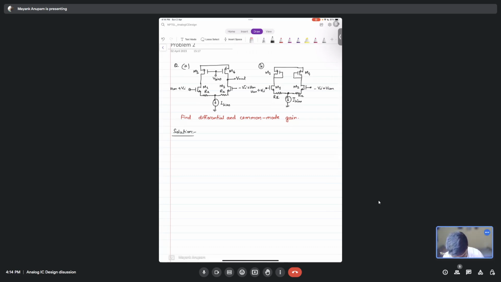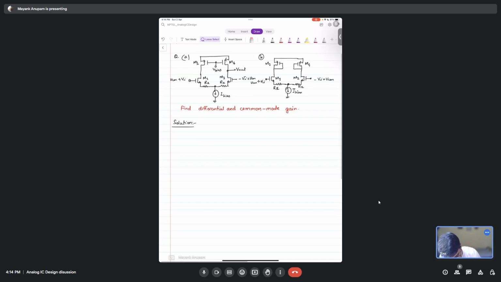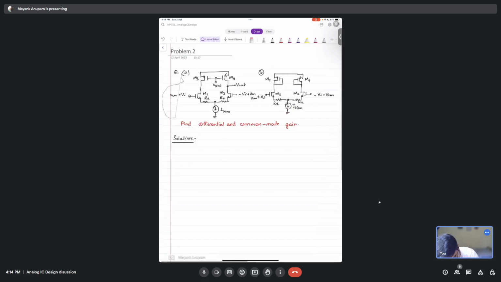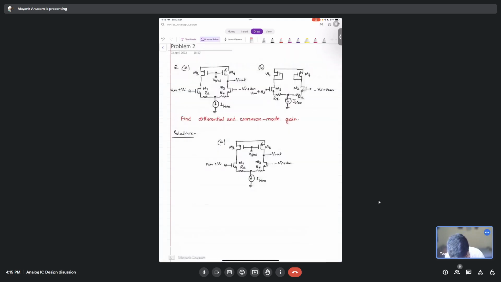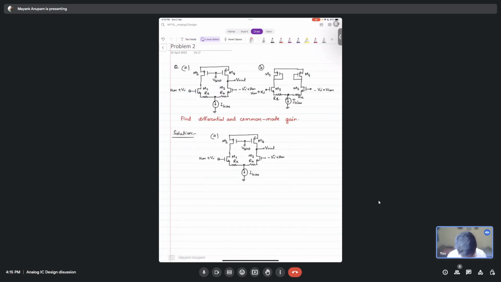Let's take the first question first. In this question we have to find the differential mode and common mode gain.